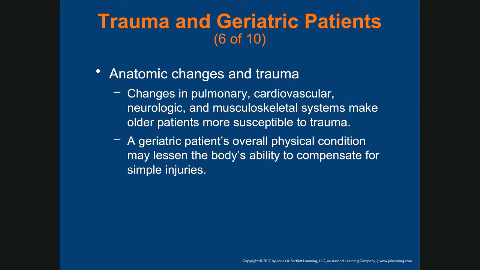All right, now anatomic changes and trauma. Changes in pulmonary, cardiovascular, neurologic, and musculoskeletal systems make older patients more susceptible to trauma. A geriatric patient's overall physical condition may lessen the body's ability to compensate for simple injuries.